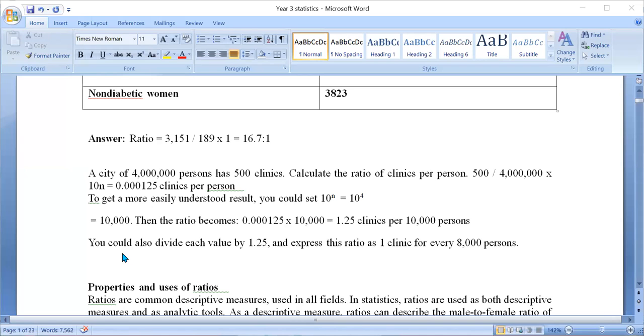Like we're explaining, for us to make this understandable, because this 1.25 is not really understandable, you can only have one clinic for 10,000 people, 20,000 people. We will now have to divide 10,000. Remember, we're in ratio. We are still going to keep dividing.